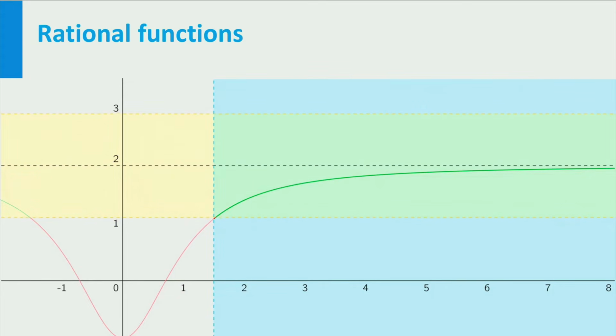And you see that the graph of f will come closer and closer to that line. If you narrow the yellow strip more and more, you have to move to the right with your x value, but you will reach a point where the graph of f is within the yellow strip and arbitrarily close to the horizontal line y equals 2.